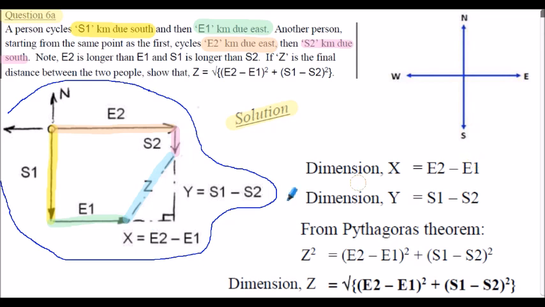So next we'll calculate dimension x, and x is equal to E2 minus E1, and we'll calculate dimension y, and y is S1 minus S2. So essentially we're forming this right-angled triangle shown here.